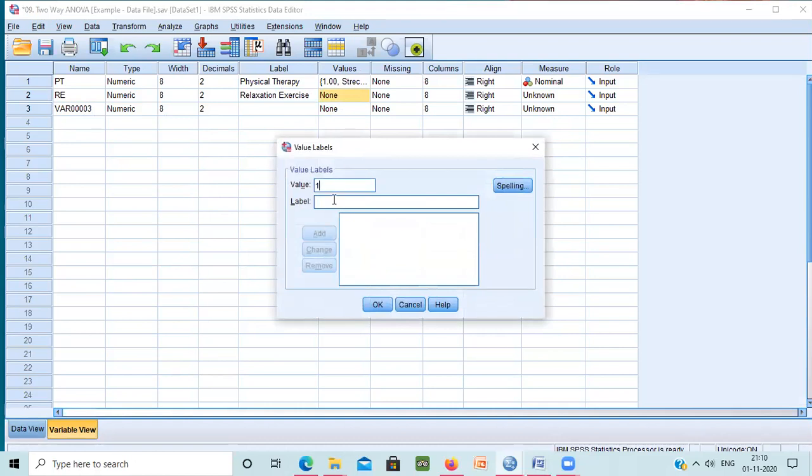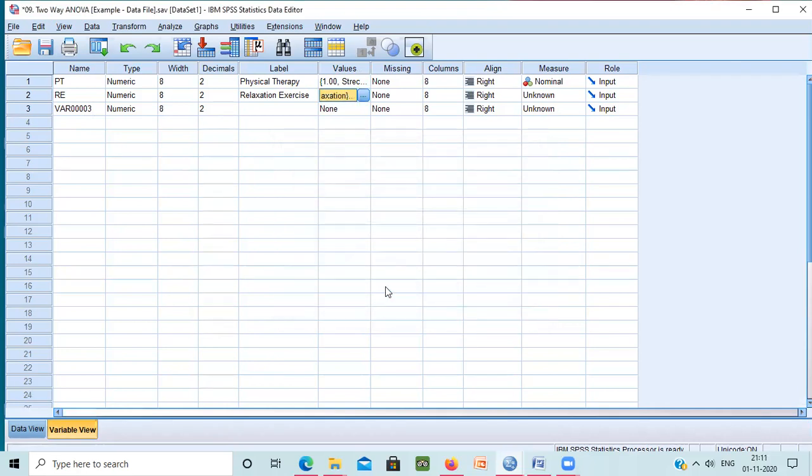Number one is muscle relaxation, and second is guided imaginary. So these are the two categories of the second independent variable. Now I'm putting up the measure. Again, we know the measure is nominal.